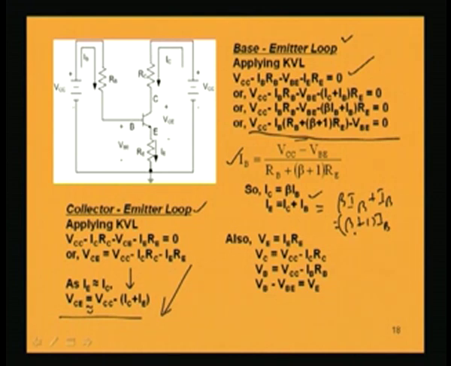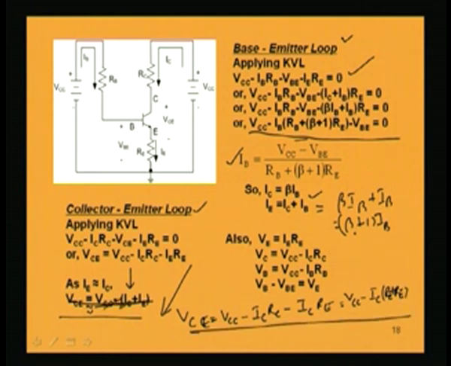So, I can write this expression approximately as VCE equals VCC minus (IC plus IE) into RE, because if I now consider IE equal to IC, then I can combine these two. So, VCE equals VCC minus IC RC minus IC RE, which is equal to VCC minus IC times (RC plus RE).